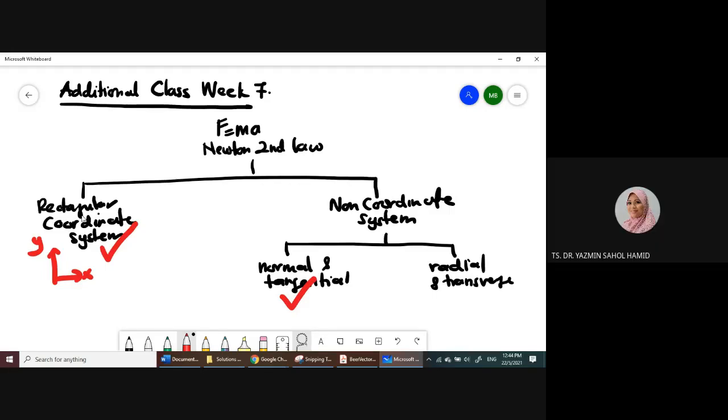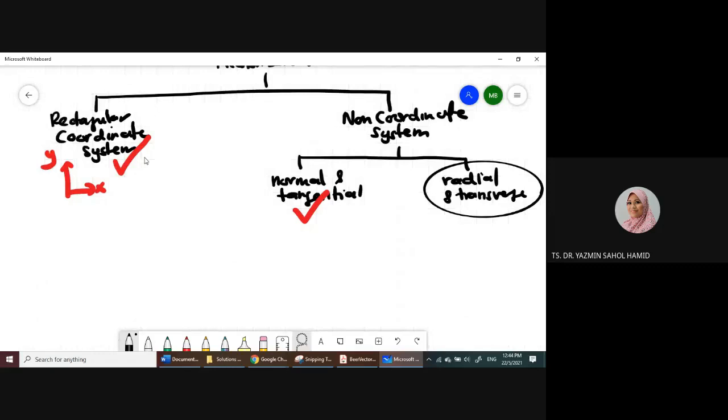So now we are left with one example on radial and transverse, and I also want to add one more example. Today we are doing radial and transverse. For radial and transverse, everybody knows the radial symbol is r and the transverse is theta. So we're going to go straight to this example related to radial and transverse.